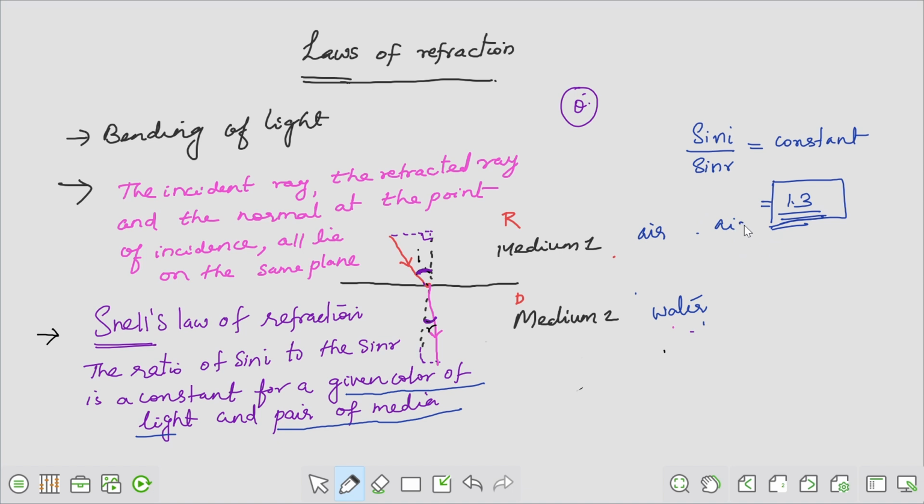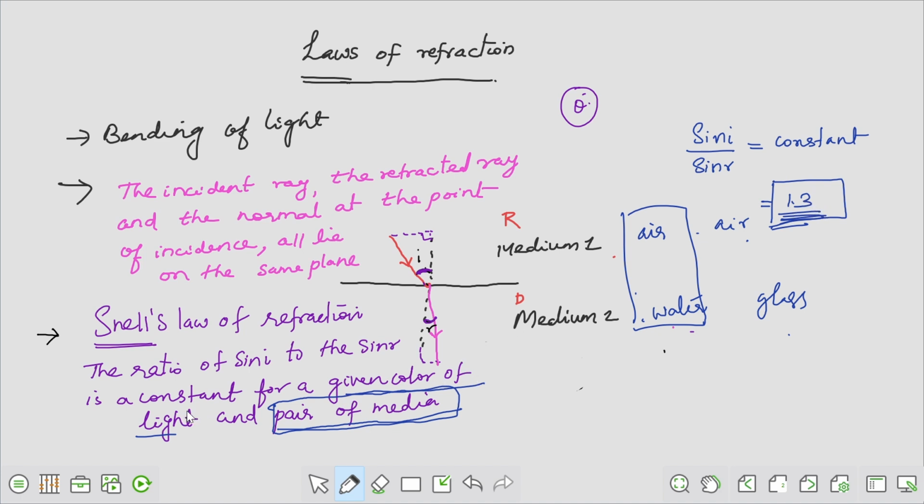Now if you are changing the medium, suppose air and glass, then this constant will again change. So for a given pair, it is always a constant. That is the meaning of pair of media. So if you change the media, then the constant value will change.